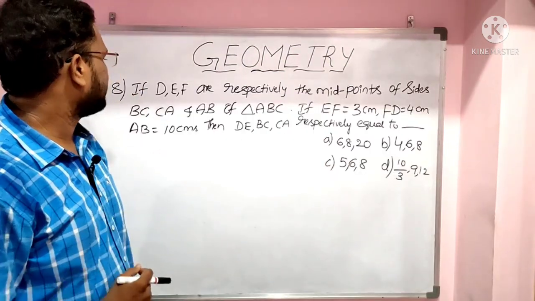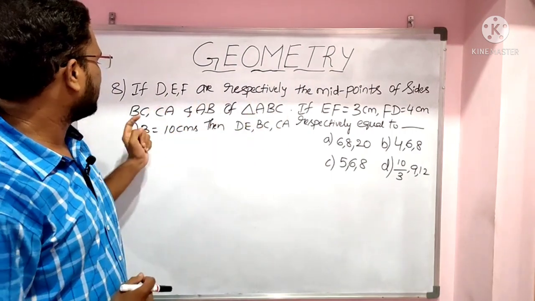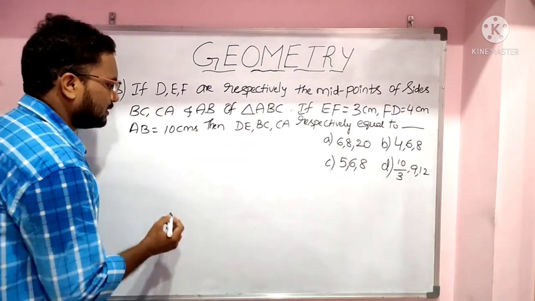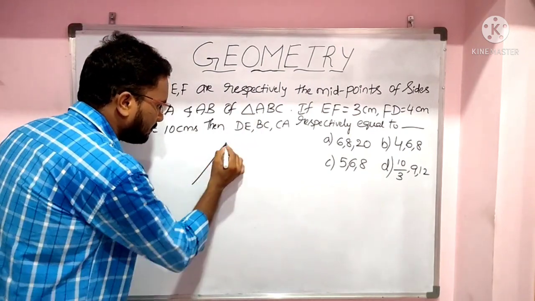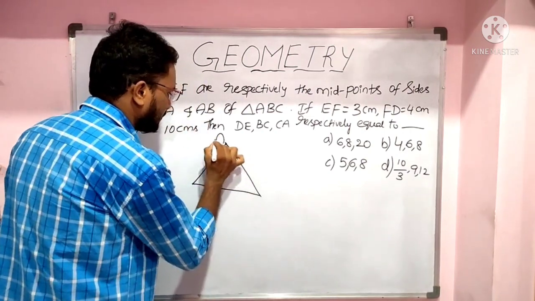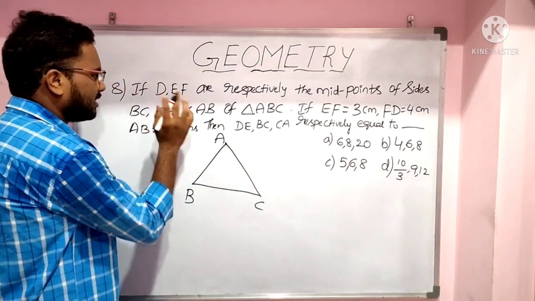Okay. Next problem. If D, E, F are respectively the midpoints of sides BC, CA and AB of triangle ABC. So let's take a triangle A, B, C. D, E, F are midpoints.